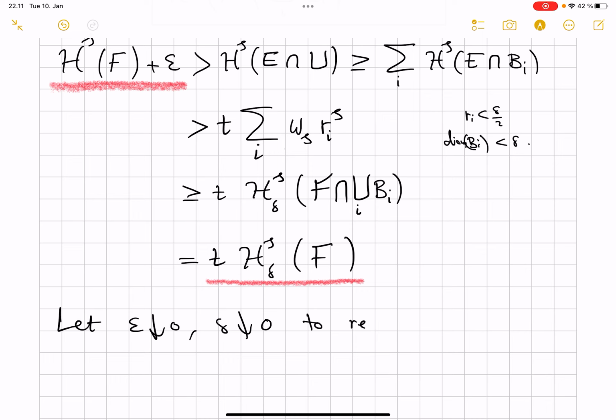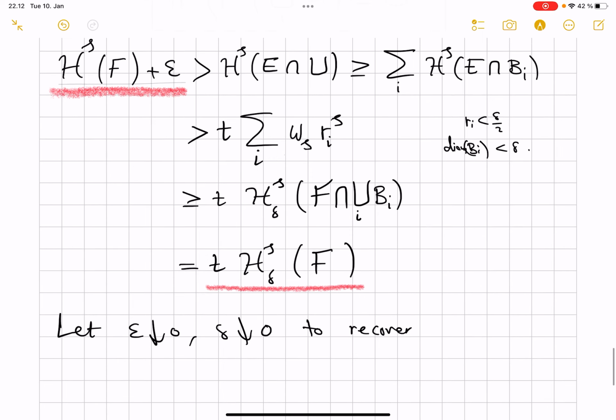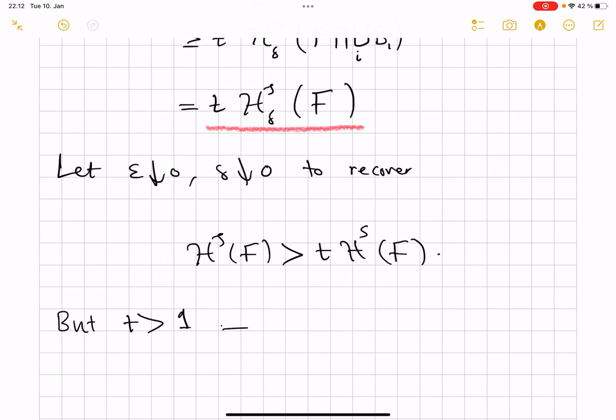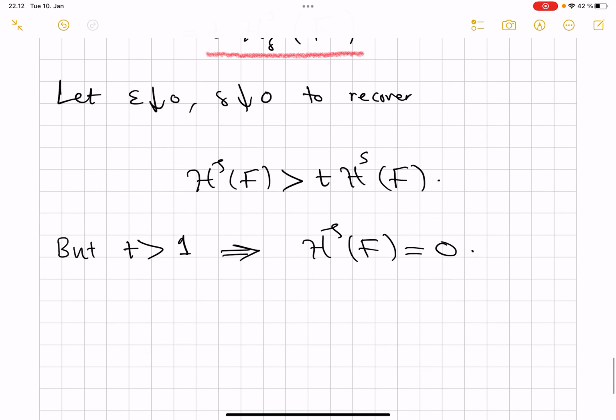To recover that H^s of F is strictly bigger than t times H^s of F. Again, t is strictly bigger than 1, which forces that H^s of F is actually 0. And that ends part 1 of the theorem.